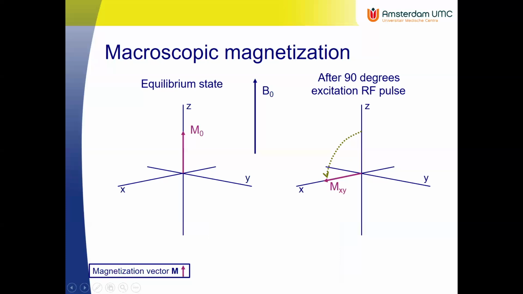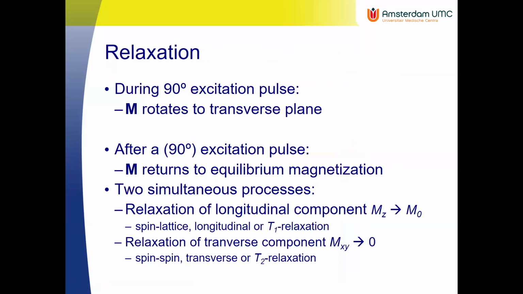So why is that differentiation important? During the 90 degrees excitation pulse, the magnetization rotates to the transverse plane, like that. Right after the 90 degrees excitation pulse, the magnetization returns to the equilibrium magnetization, and two simultaneous processes happen, which we will look at independently because they are independent processes.